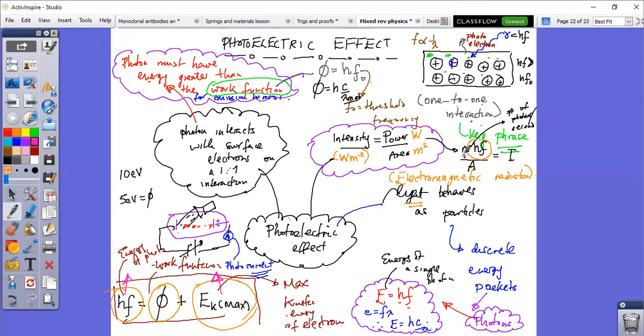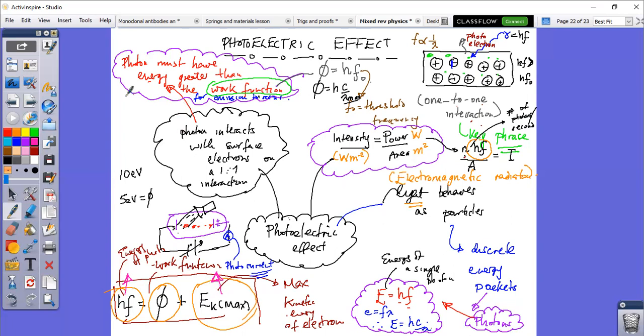But because the number of photons per second are the same, and it's a one-to-one interaction, the number of electrons emitted per second will still be the same. However, the energy of the photon has now increased, and by energy balance, the EK max must therefore go up as the work function is constant. Does that make sense? Yeah.